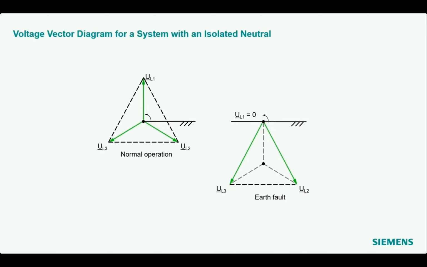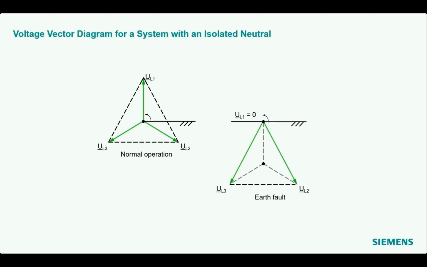On the left side, you see normal operation. Although the star point is not connected to ground, in normal operation, it basically has ground potential as long as these capacitors are identical.